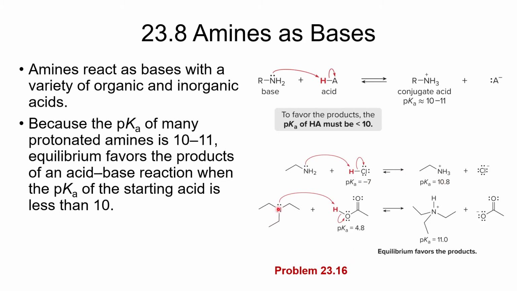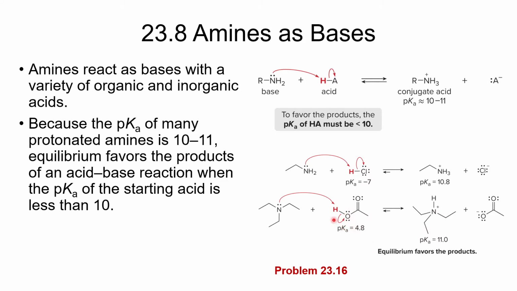Similarly with this one, here we have triethylamine put in with acetic acid. Acetic acid has a pKa of 4.8. We protonate that triethylamine and we get the triethyl ammonium ion. Again, the pKa is around 11, which is very typical for our alkyl amines. And the pKa of our original acid was 4.8.